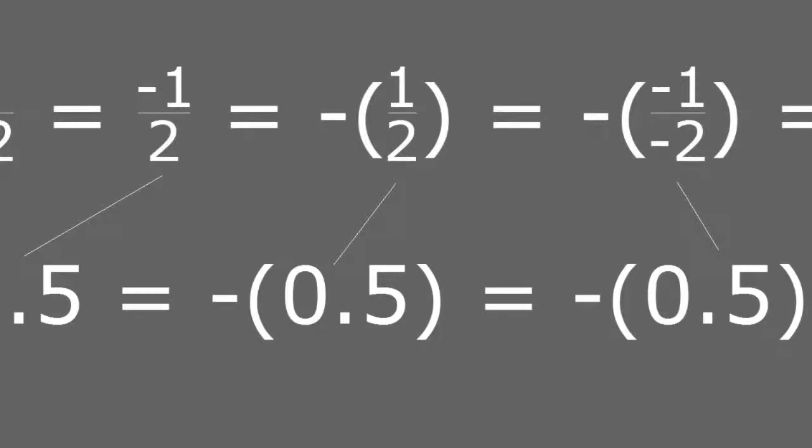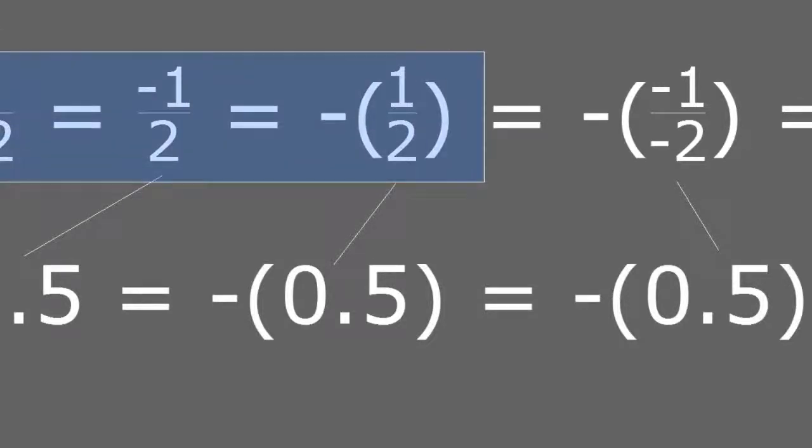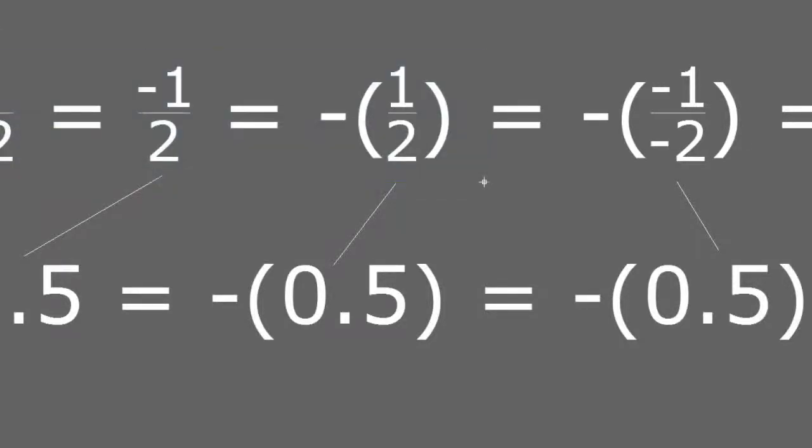So what happens here is whatever is inside of the fraction will change signs. 1 over 2 is positive 0.5, but it has a negative outside of the parenthesis. So that is 0.5 with a negative, and after I apply the negative, it will become negative 0.5. So these three are exactly the same thing, written in different ways, but the same thing.